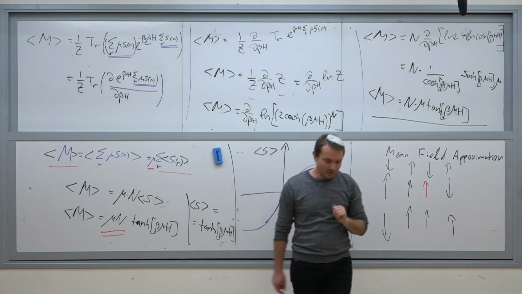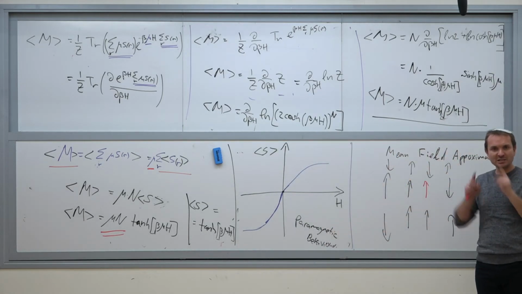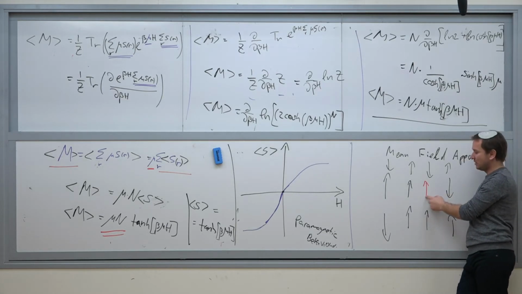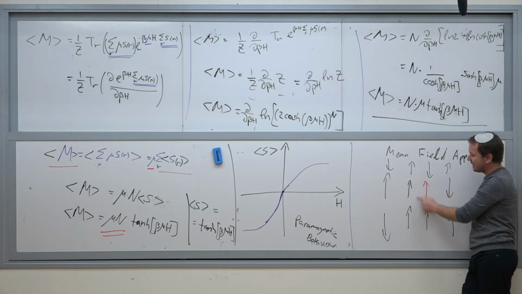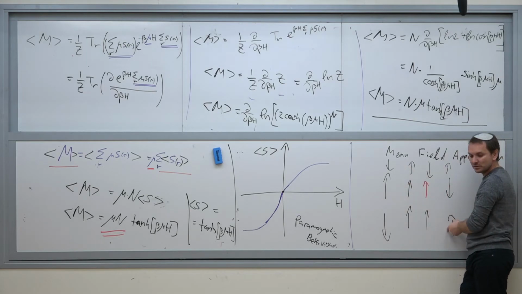Now, if all the other spins were just pointing in this mean direction, I would have a general net effect on this particle that is going to be constant, because I'm taking into account only the mean values of its neighbors.